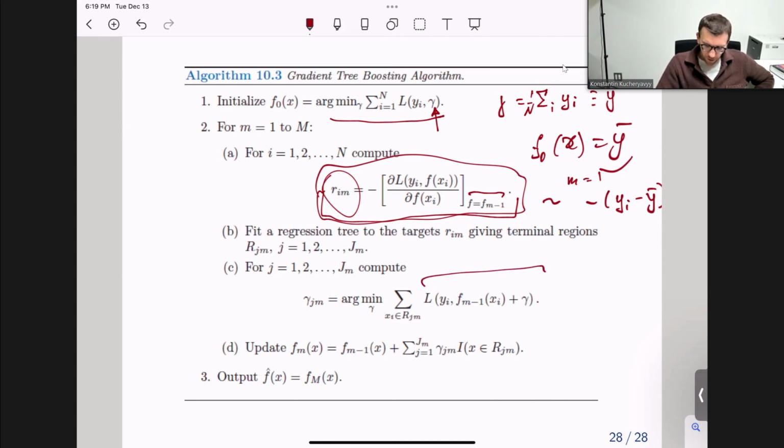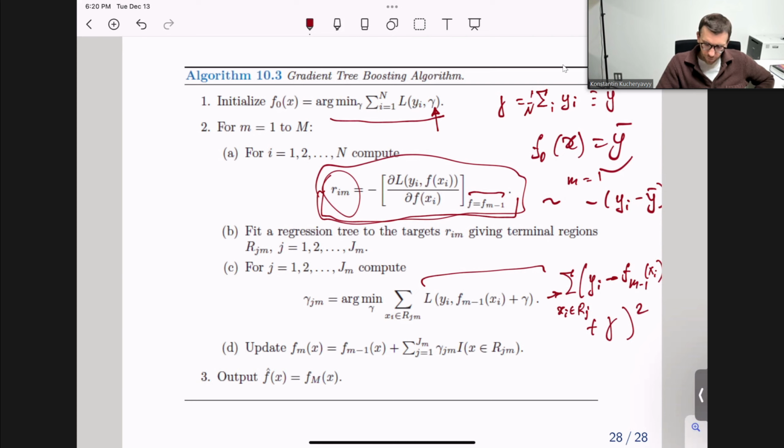So if we are dealing with the quadratic loss, then it will be yi minus f_{m-1} calculated at xi, plus gamma, squared, summed across all i's with xi belonging to a particular region j.